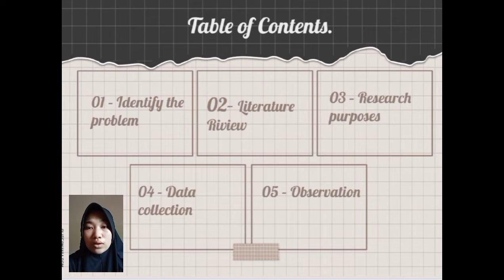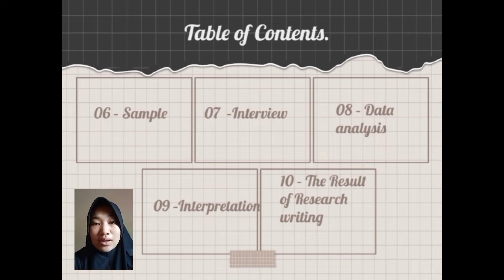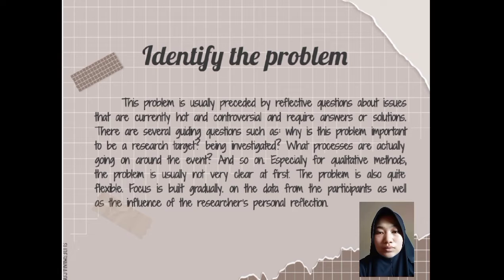Then the second is literature review, the third is research purpose, the fourth is data collection, and the fifth is observation. In the next slide, we will talk about the sample, and then data analysis, interpretation, and the last is the result of research writing.